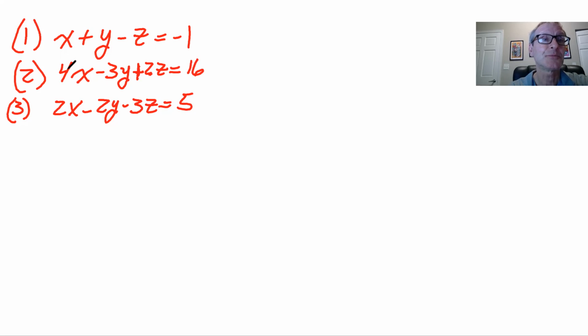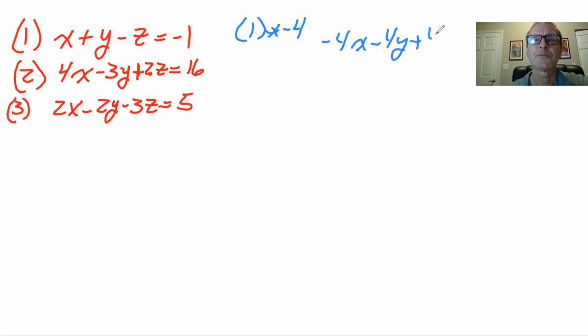So what are we going to do? We'll multiply, let's do this in blue, equation 1 by, say, minus 4. And so that would give us minus 4x minus 4y plus 4z equals 4.